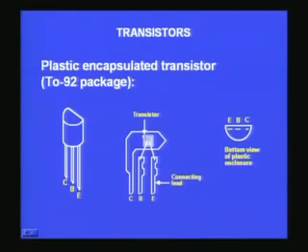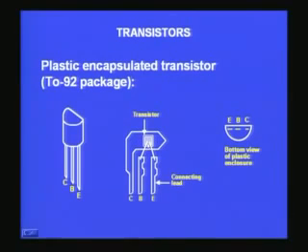Otherwise, this transistor region itself is a very small region, as you can see. Within the very small region you have all the three layers, the N layer, the P layer and the N layer as the case may be, and therefore this obviously brings down the size of the transistor.